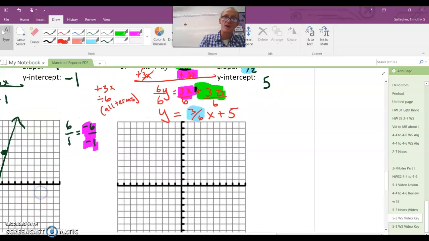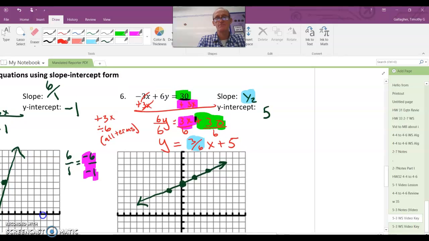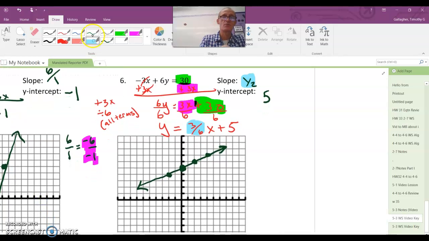So I'm going to go up to 5. 1, 2, 3, 4, 5. Put a point right there. I'm going to go up 1 over 2. Up 1 over 2. Now I could go -1, -2 if I wanted to, but this line's not so bad. All right, and all the points along this line are represented by this equation right here.